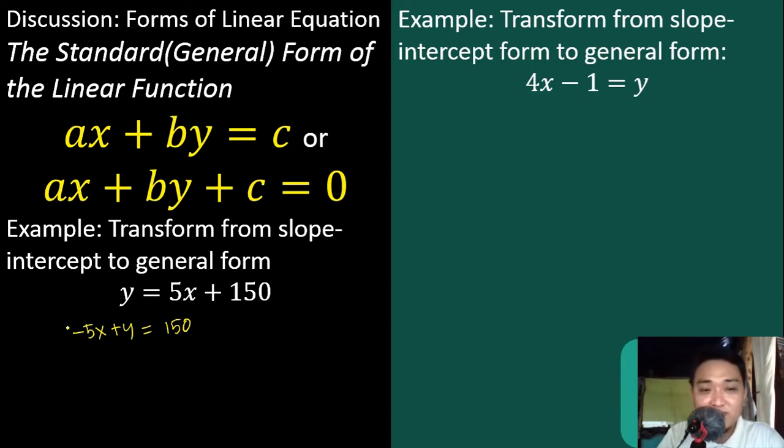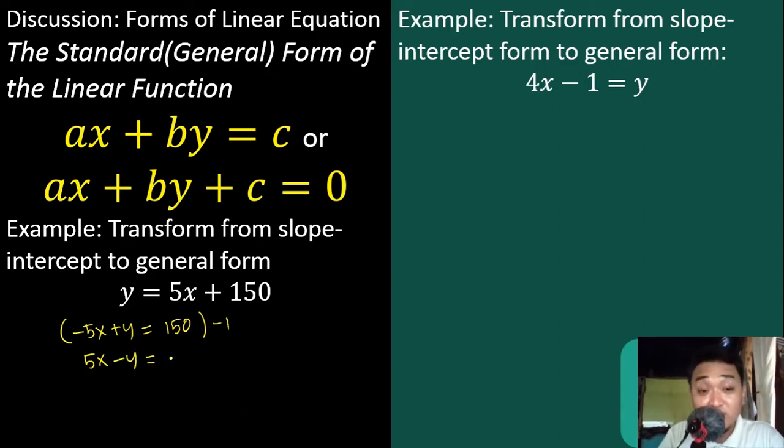So paano gagawin yun? Ang gagawin natin is we are going to multiply everything by negative 1. So what will happen? That will become 5x, because negative 5 times negative 1 is positive 5. So 5x, positive y times negative 1 is negative y.